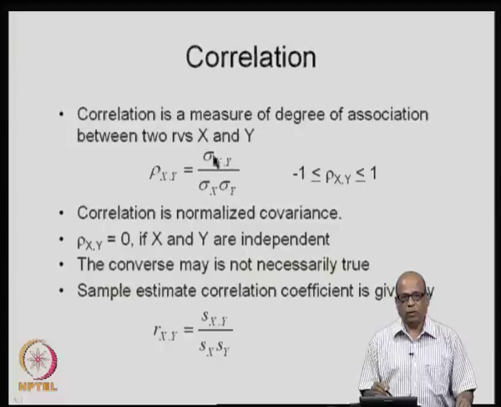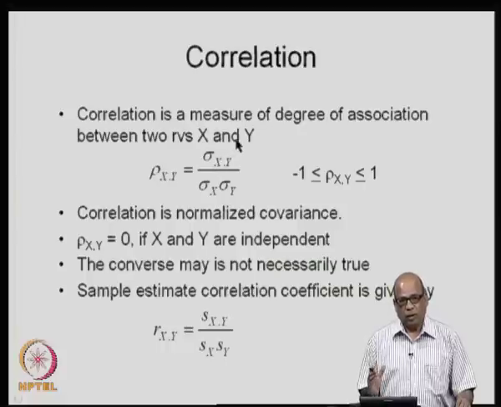So, we are normalizing the covariance sigma x y with respect to the standard deviation of x and standard deviation of y. As you can see, sigma x y had the units of x multiplied by the units of y.